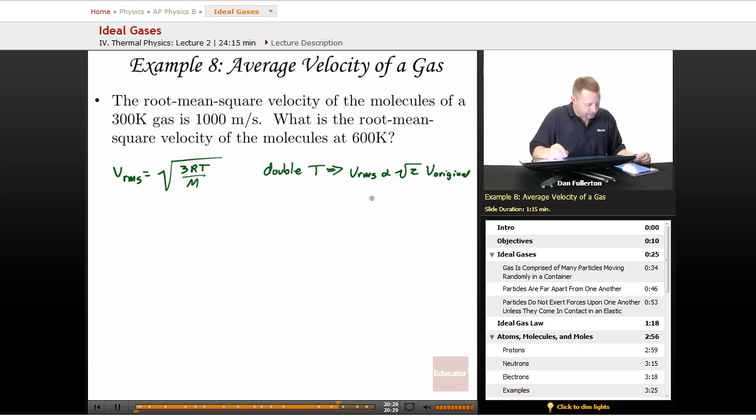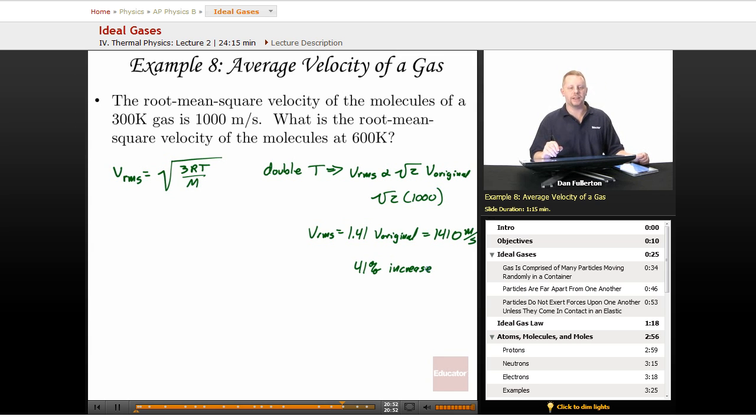So that's going to be the square root of 2 times 1,000 meters per second, or VRMS is 1.41 V original, which is 1410 meters per second. You get a 41% increase in the root mean square velocity of the molecules when you double the temperature.